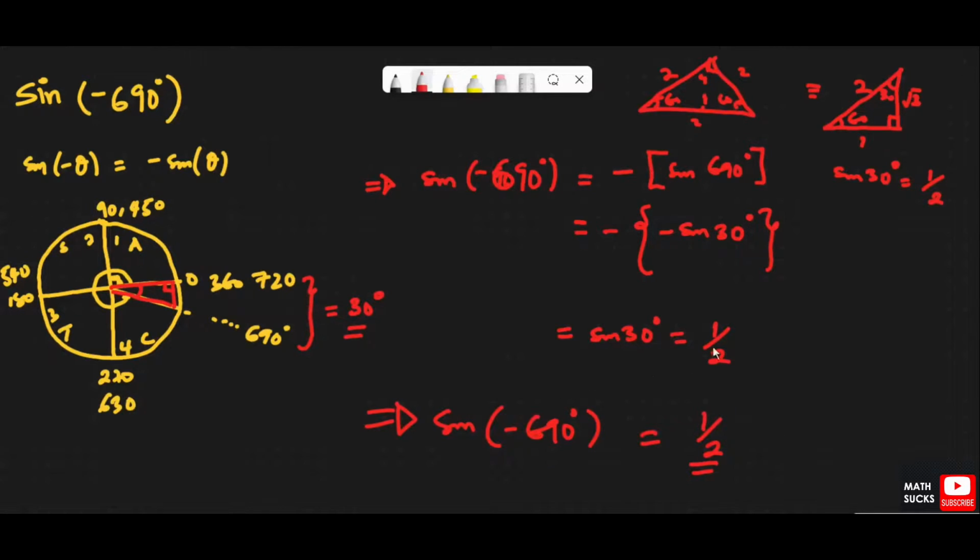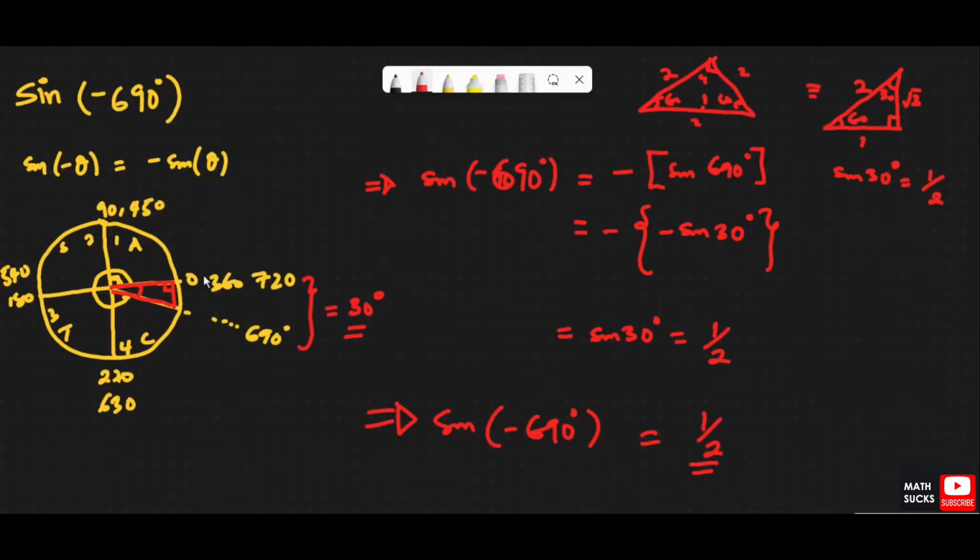If you did not want to use the relation that sine of minus theta is equal to minus sine of a positive angle, you'd simply move in the opposite sense, in the clockwise direction, whereby these are now negative angles: this would be 0, this is minus 90, minus 180, and so on.